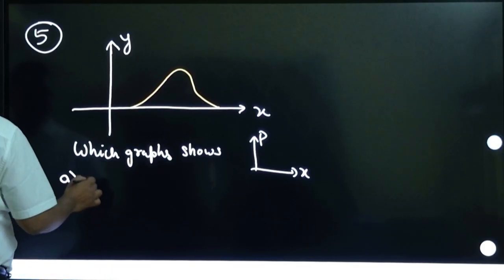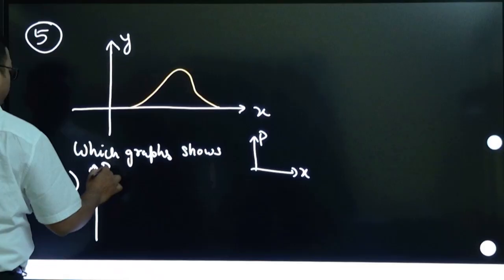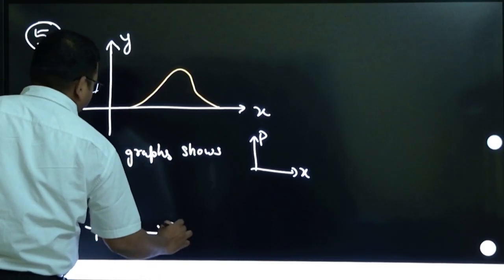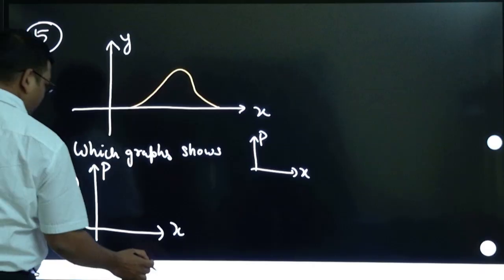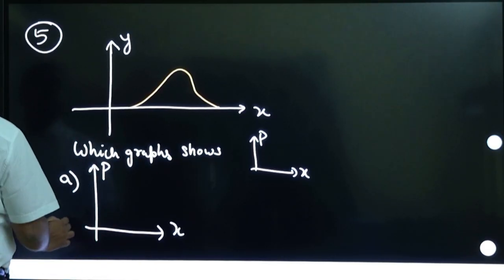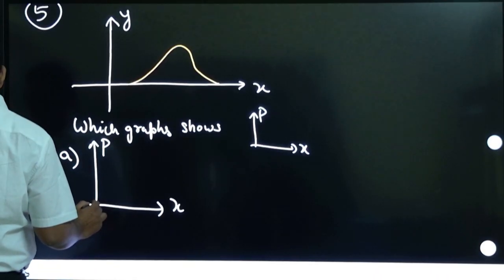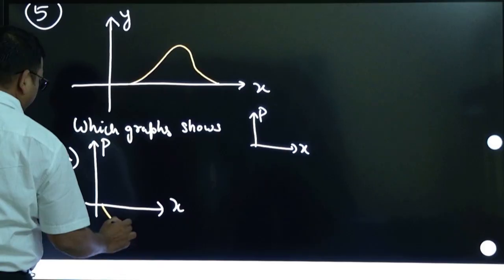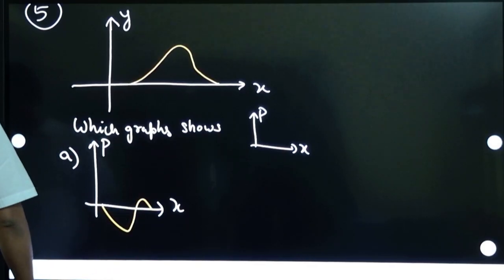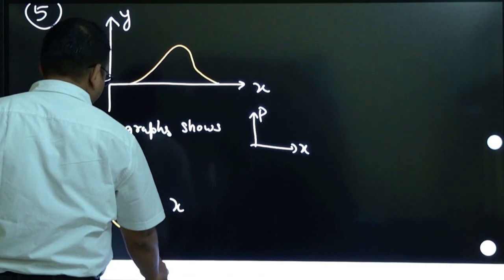Okay, first option I will draw. So pressure versus x graph is given like this.